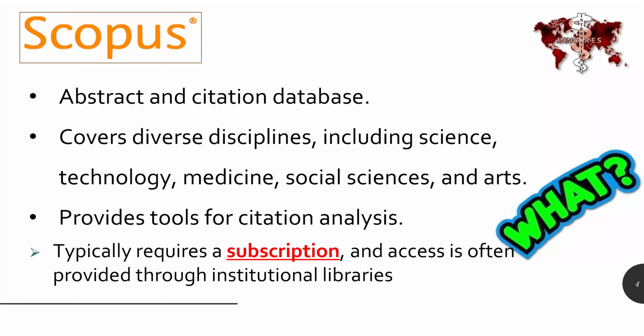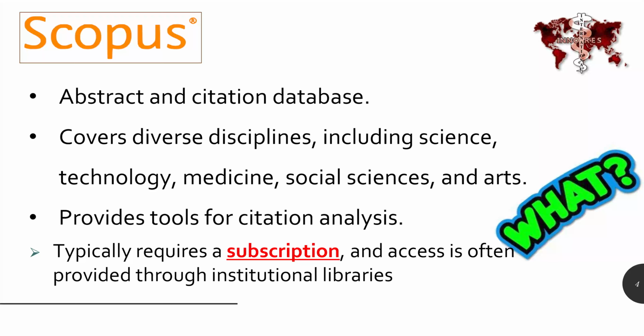It typically requires a subscription, and access is often provided through institutional libraries. Now, why is that? As you can see, Scopus is a huge database. It is covering so many diverse disciplines, right? To maintain such a huge database would require a lot of work going in, and it's only fair that they have fees for the services they provide.